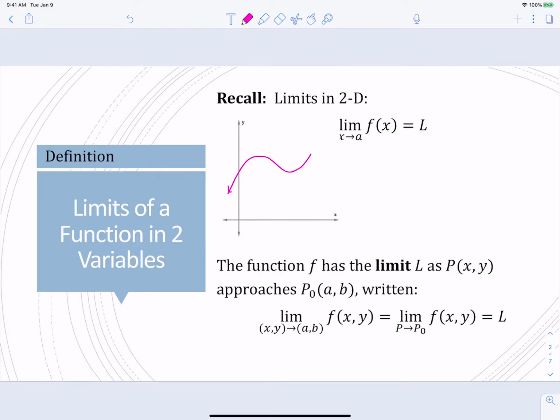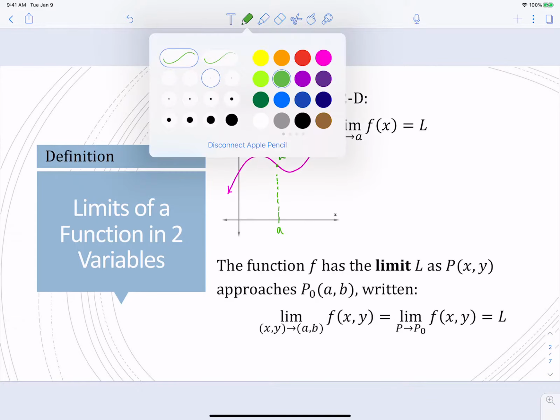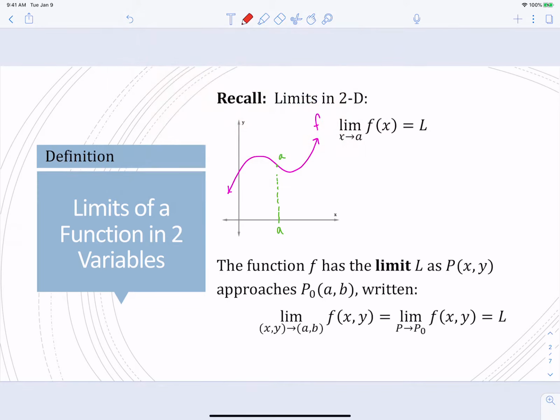So let's think about a limit and say, for example, we've got some function f here, and we want to look at what happens as we go towards some point A. And that point could be defined or not defined. In this case, it's defined. But remember, when we're looking at a limit, it doesn't really matter if it's defined or not. All that matters is what happens as we approach that point coming from the left and coming from the right.